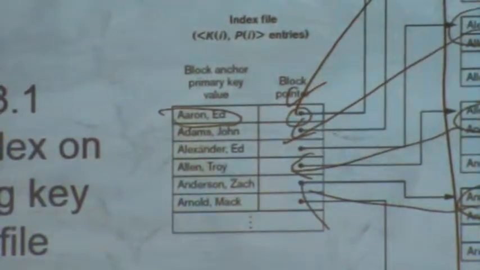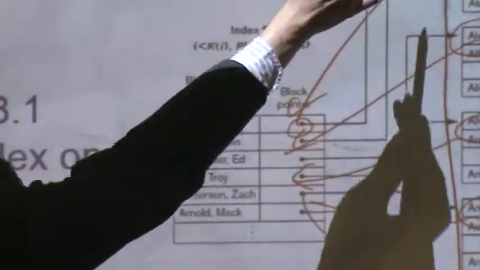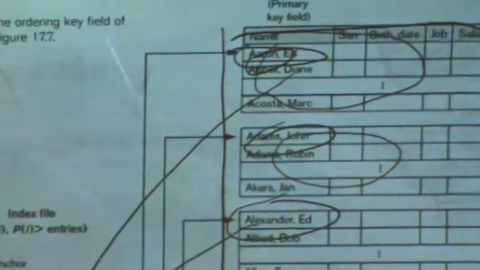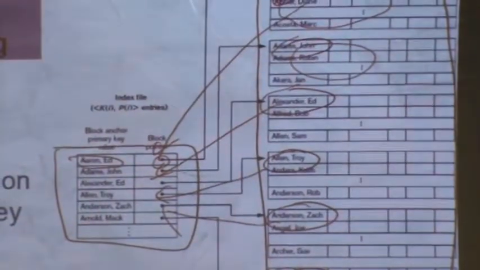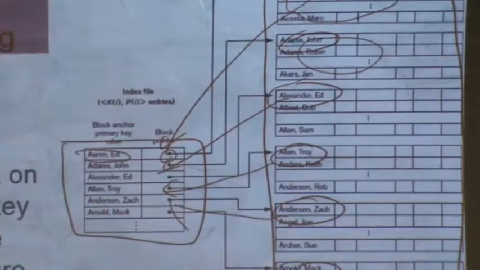So we have Aaron from the first block, Adams from the second block, and so on. Then this is one block. For example, one block is 512 bytes. So 512 bytes is limited. There might be a limited number of index key entries.